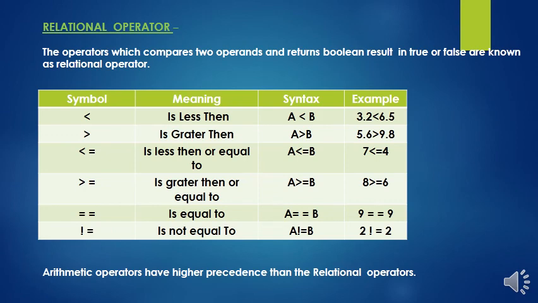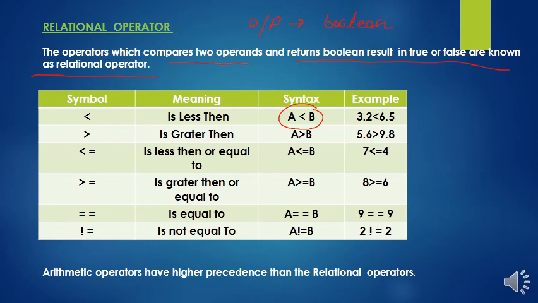Children, the next type of operator is known as a relational operator. The operator that tells the relation between two operands is known as a relational operator. The operator which compares two operands and returns the Boolean result in true or false form is a relational operator.